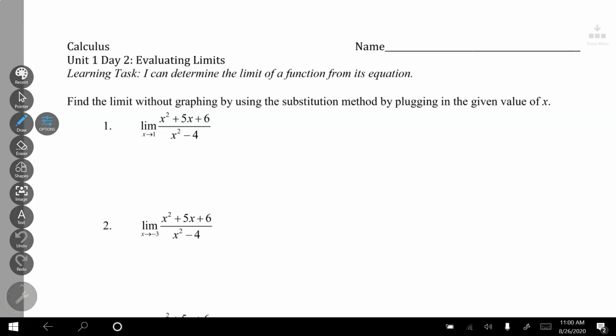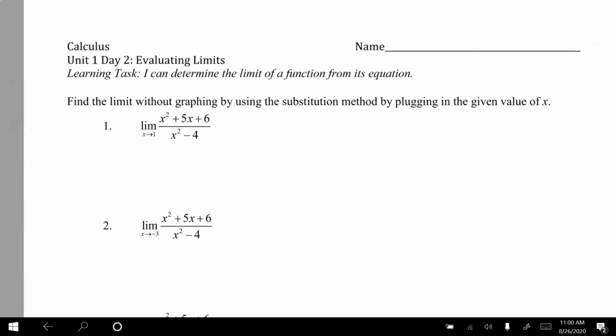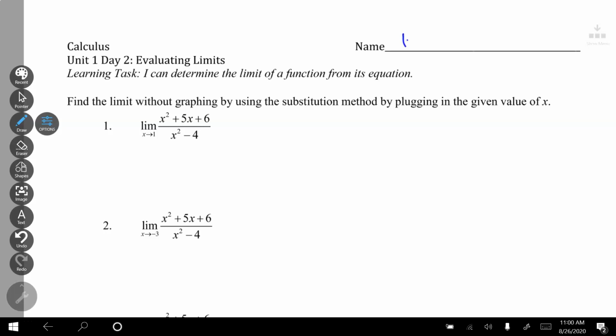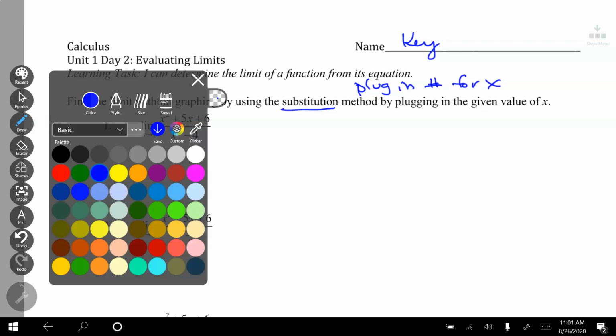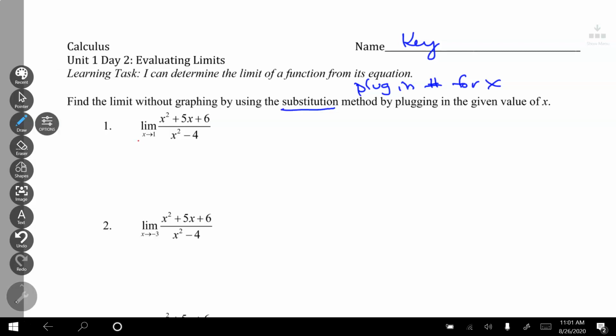We're going to work more with limits, except we're not going to be looking at graphs as much. We're going to use a substitution method. The whole idea of substitution method is we plug in a number for x, whatever number they give us. So for this very first example, I'm going to use x equals 1.